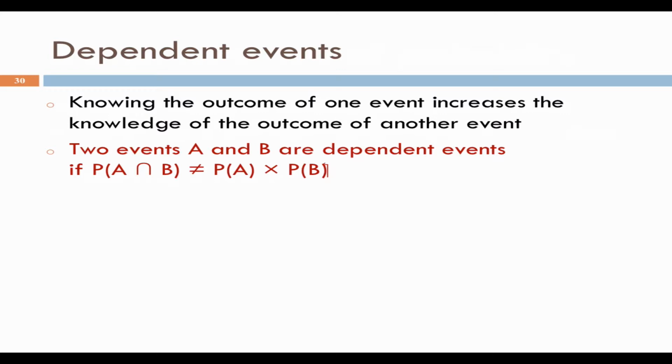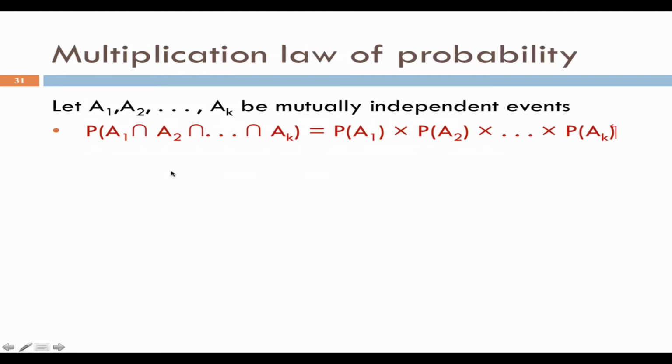What if you have a sequence of events, each mutually independent of the others? Then you just extend from the two-event case to the multiple-event case: the probability of A1 intersect A2 until intersect AK equals the product of the probabilities of A1 to AK.